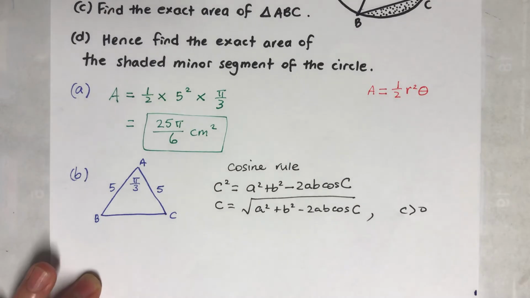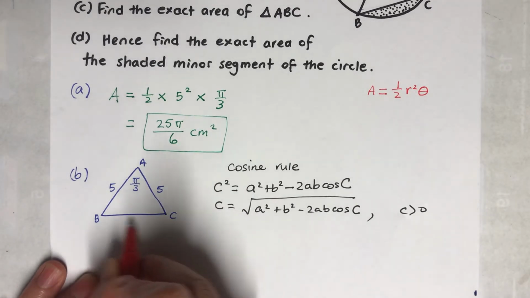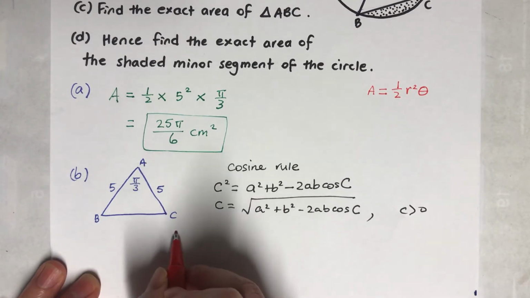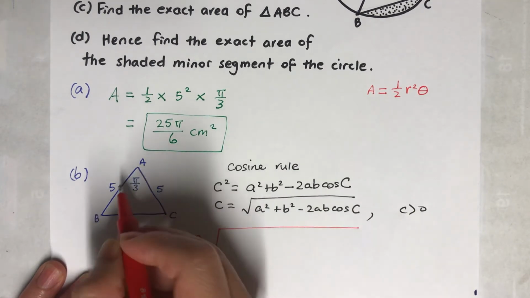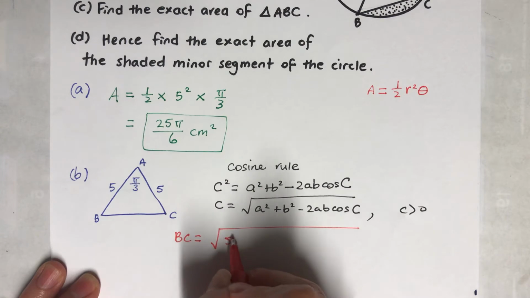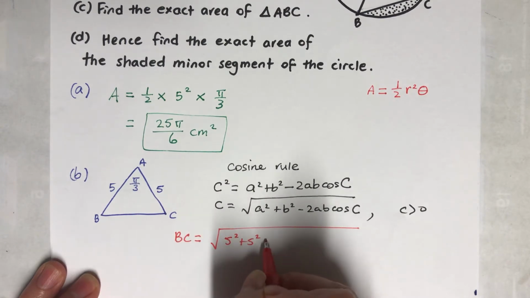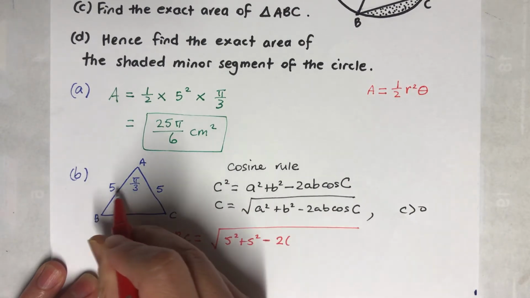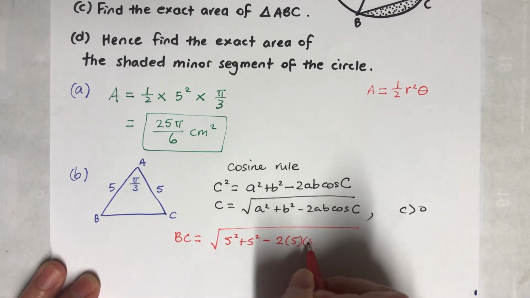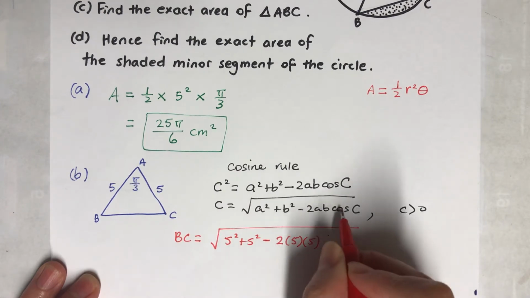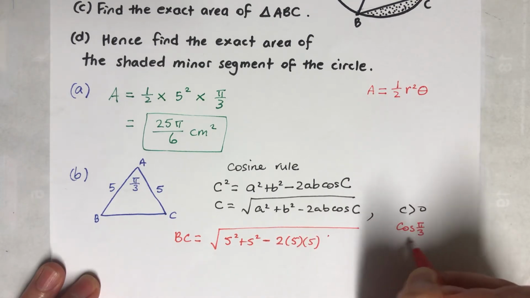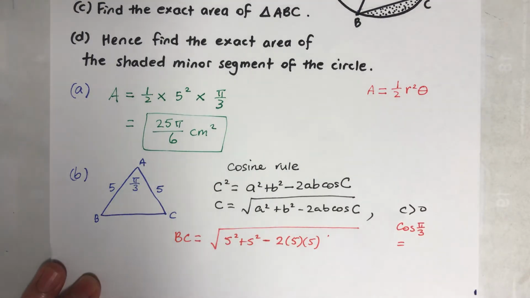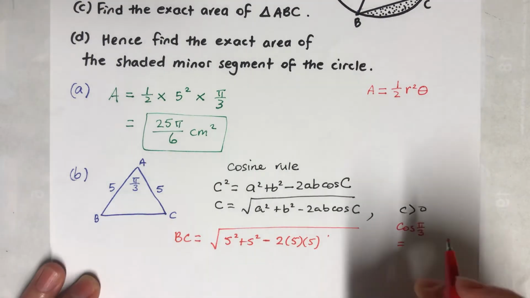All right then, what I'm going to do is BC, isn't it? That's what we're looking for. So BC equals the square root of the surrounding lengths, which is 5 squared plus 5 squared, minus 2 times 5 times 5, and cos. Now, before I put that in, I'm going to just write here, cos pi over 3 in the exact value, that's cos 60.